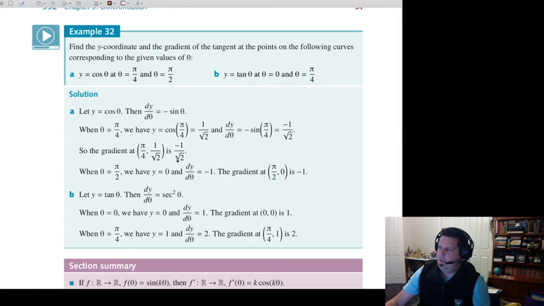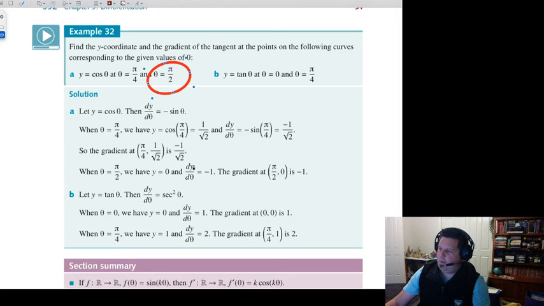And again, you can do the same thing for this value. When theta is equal to pi on 2, we get y is equal to 0. So those are the theta and y coordinates.